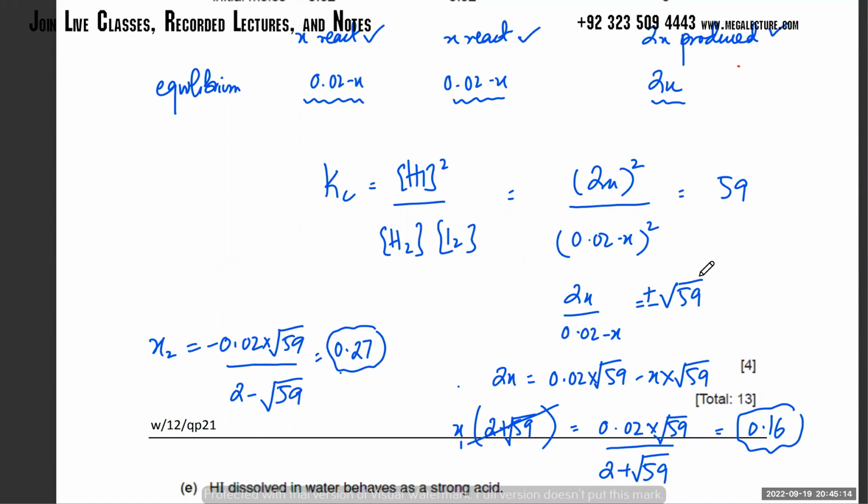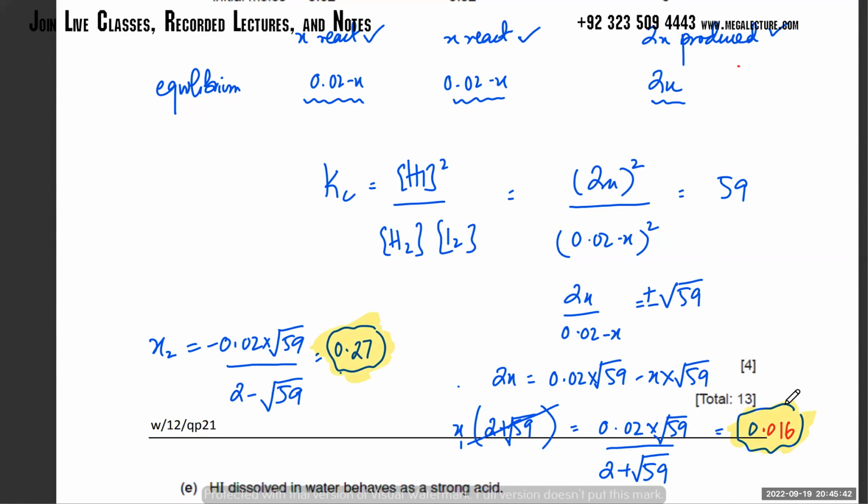Sir, I think for the 0.161, it's 0.016. ठीक है, this one is 0.016, I think. अच्छा, so one of them is 0.016, and you got 0.027. So we're going to use this one, right?